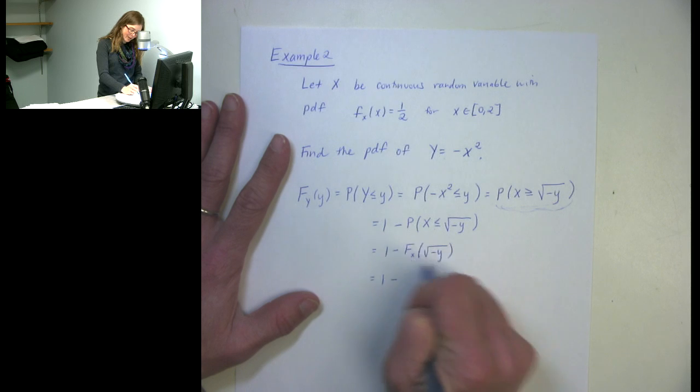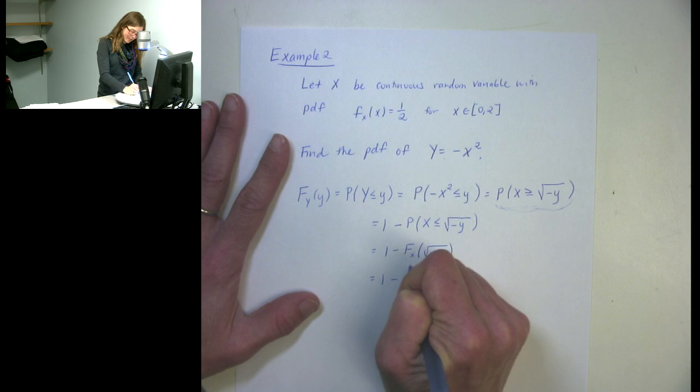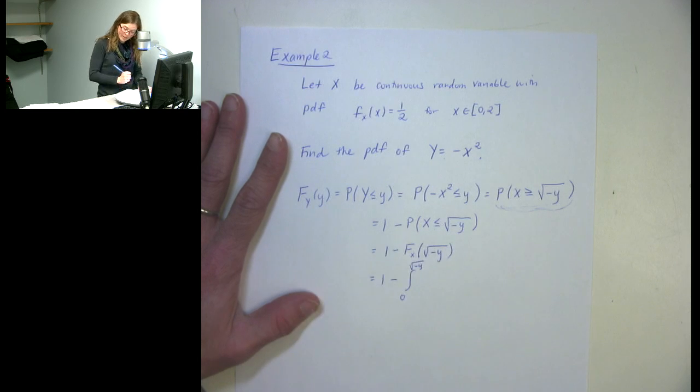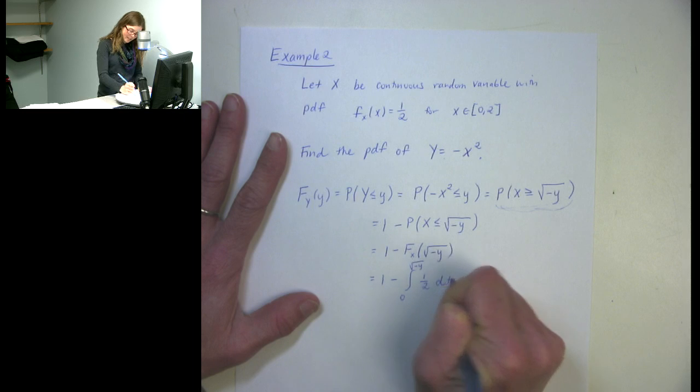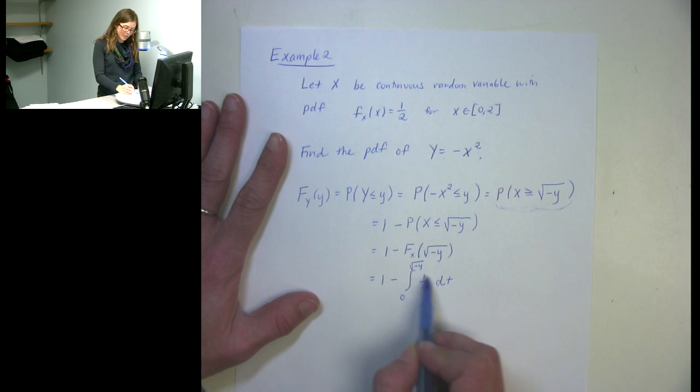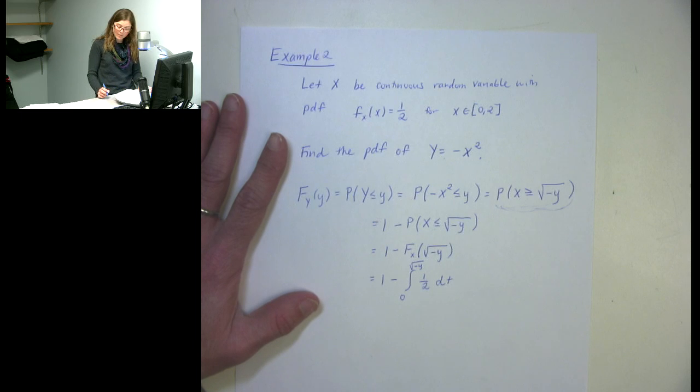To find this probability, I integrate from 0 to the square root of negative y, 1/2, which is my probability density function of x.